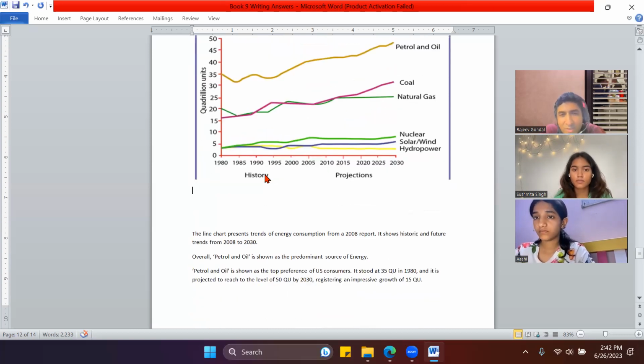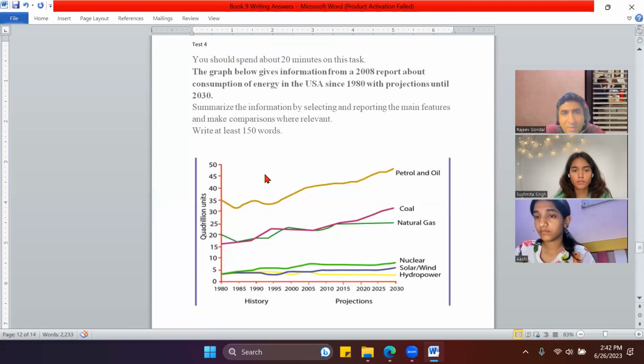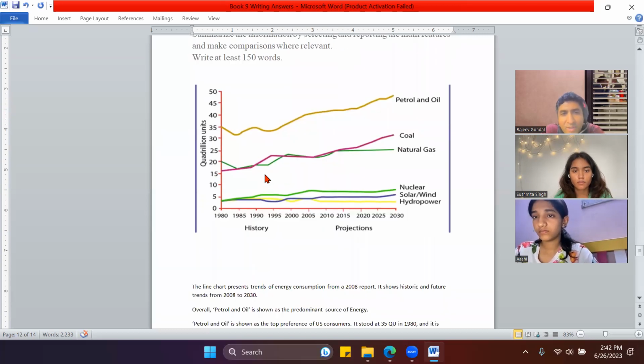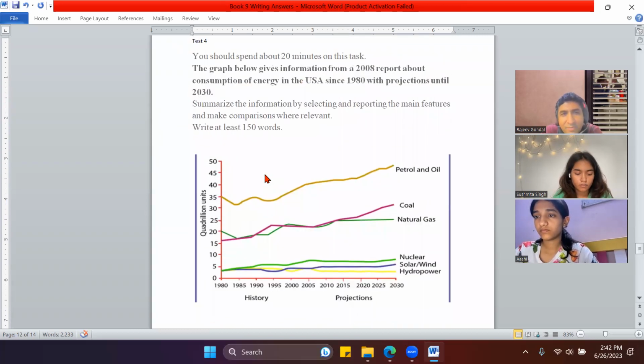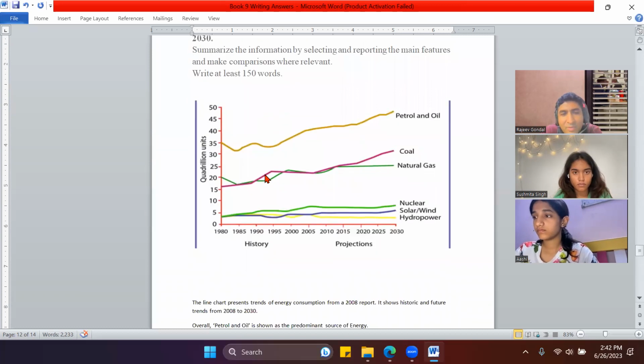We start with the introduction, which is just a paraphrase of the question itself. So instead of graph, we have said the line graph. Instead of "below gives information," it presents trends of energy consumption from this period, from a 2008 report. It shows past, present, and future trends.